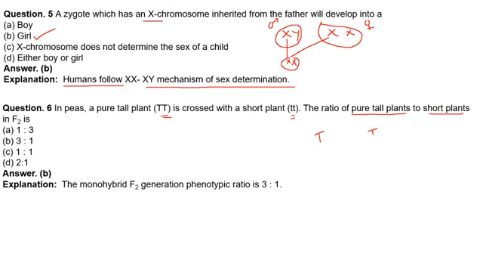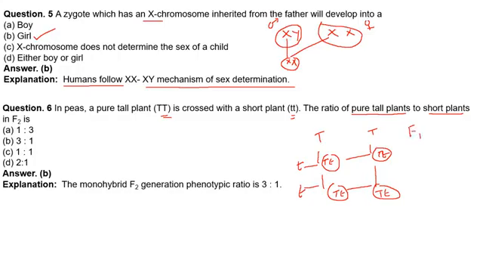So let us draw a table here. It will be capital T, small t here, capital T, small t here. Again crossing this, you will get capital T, small t, and over here capital T, small t, right? So this is my F1 generation.